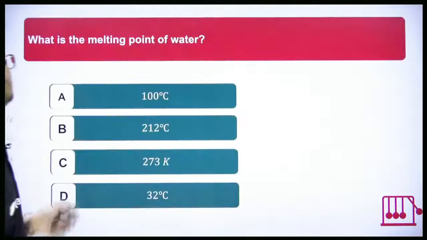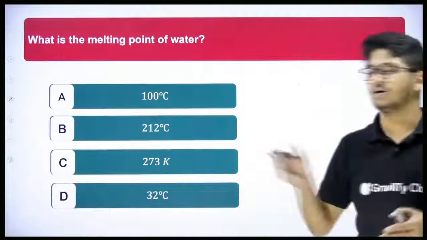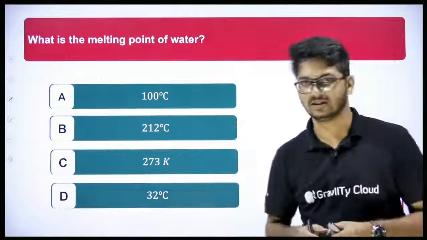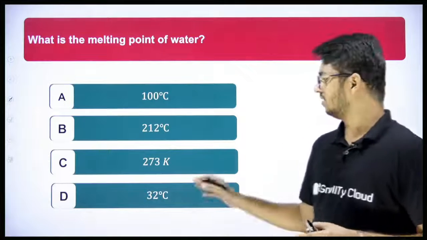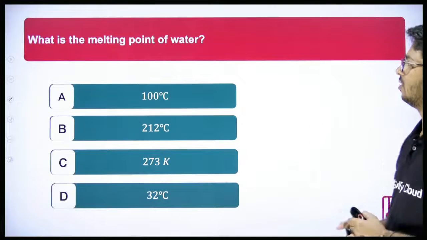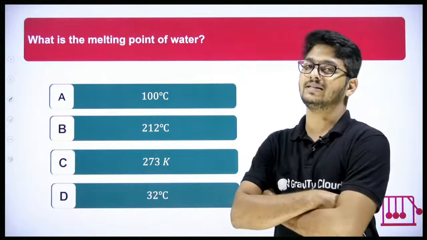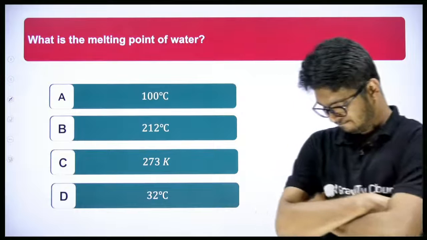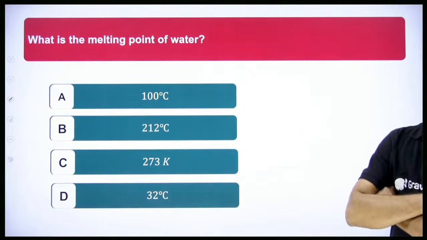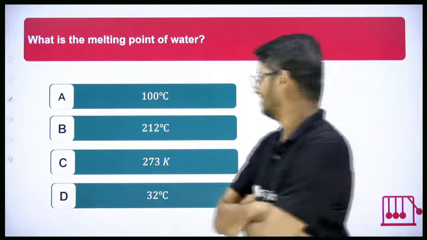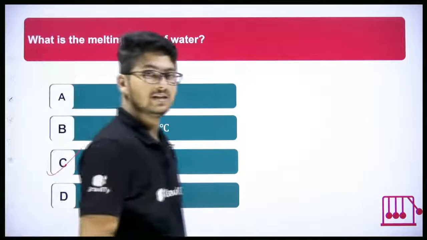Good. Next, what is the melting point of water? Again options. 100 degrees Celsius, 212 degrees Celsius, 270 Kelvin, 32 degrees Celsius. What do you think is the answer? And the answer is option C, 273 Kelvin.